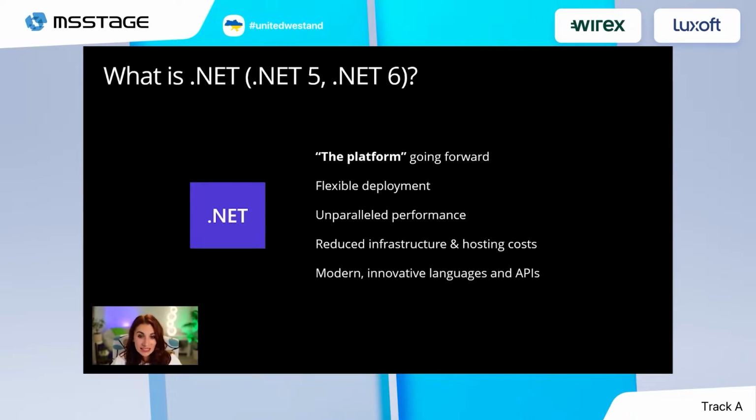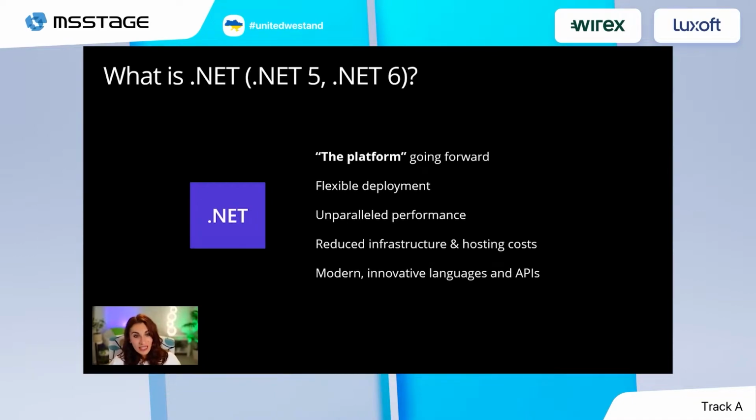.NET is the future platform. That's the platform going forward that will receive all the updates, all the language improvements, and I highly recommend upgrading to this platform. .NET 5 was the first version. Now we're on .NET 6, and moving forward it'll be .NET 7, .NET 8, and so on.